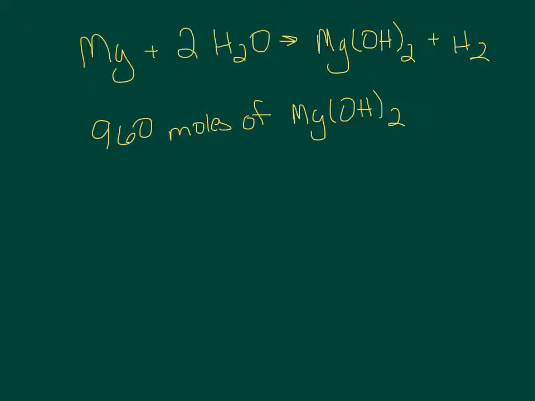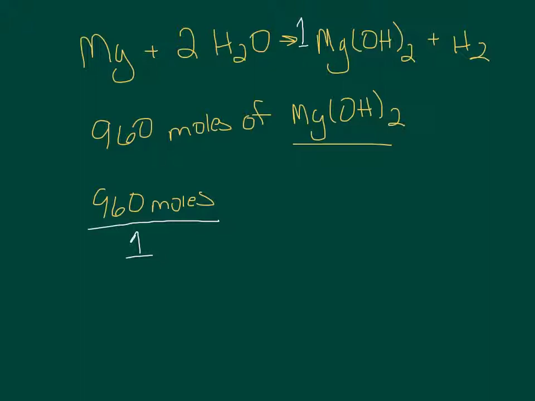So I need to go back to the Mg. So I need to put the 960 over the balancing number for that compound. The balancing number up here, well, you don't see 1, and that means that automatically it's an understood 1. So I'm going to put it over 1. That's my perfect recipe. If I have 1 mole of that, I get 1 mole of Mg.